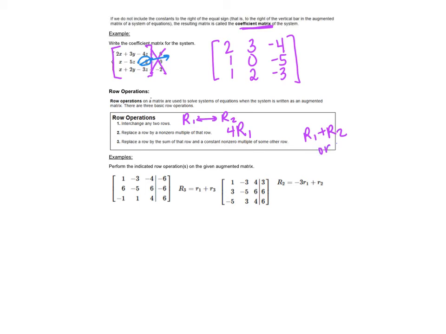Or I could have, let's say, 3 times row 1 plus -4 times row 2. So I could look at not only adding them, but multiplying before I add them. Those are all the different row operations that we want to look at.